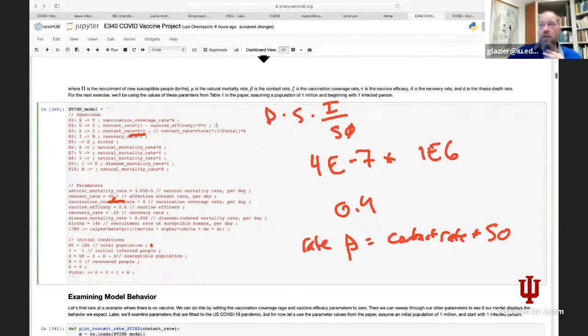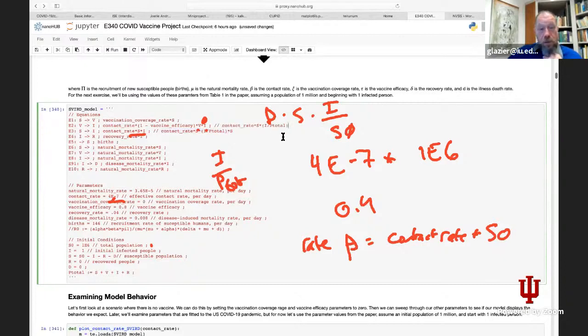Anytime you have something that's multiplied by the fraction infected, yes, it would. Because again, the probability that a vaccinated person encounters an infected person depends on I divided by the total population. I don't care how many people are infected in the universe.